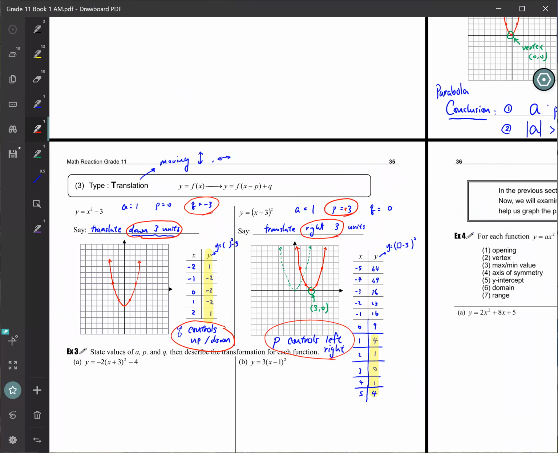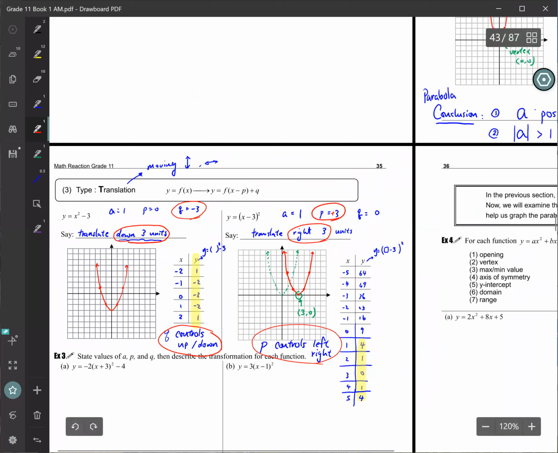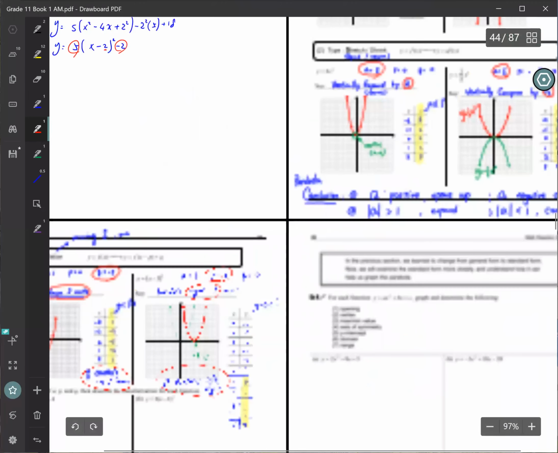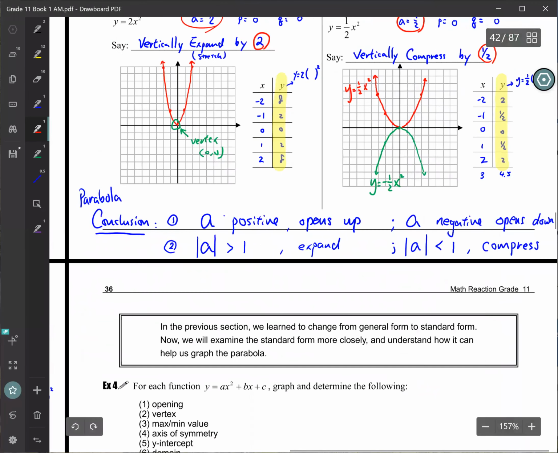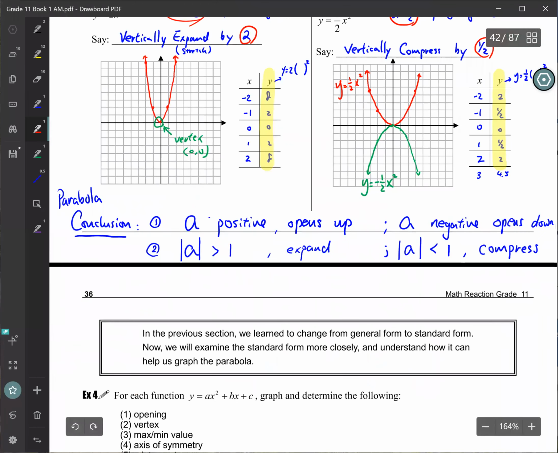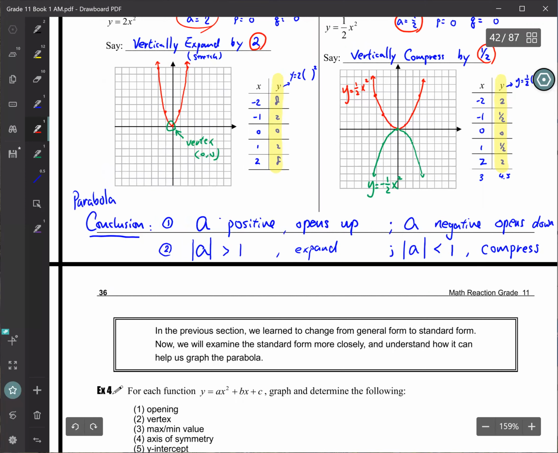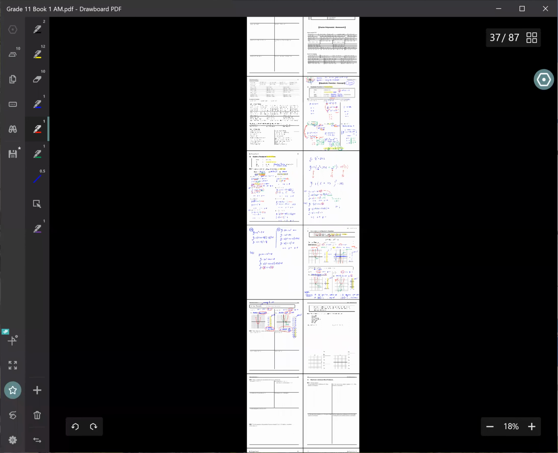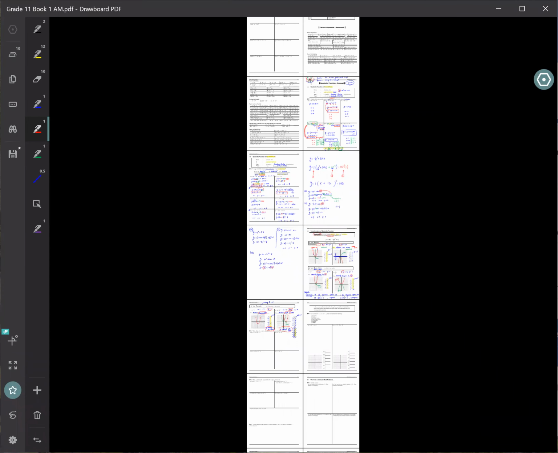So let's take a look at the question. Remember I asked you to repeat these ones. You can repeat on your end by yourself. A positive, open up. A negative, open down. Absolute value of A greater than 1, expand. Absolute value of A less than 1, compress. And then you close your eyes and try to repeat that again.